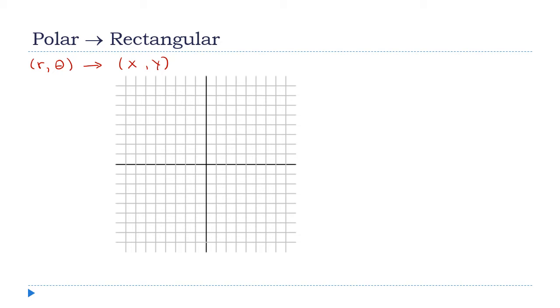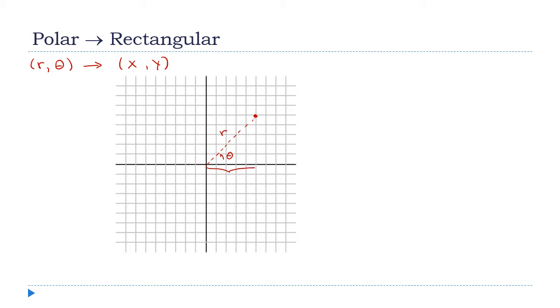I'm going to pick a point r, comma, theta, just some arbitrary point out here. So what do I know? I know that this distance is r, and this angle is theta. And what I want to know is, what are the x and y coordinates?